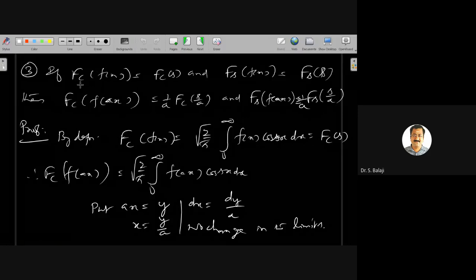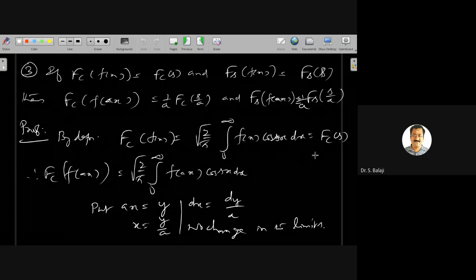Now consider the Fourier cosine transform definition. By definition, the Fourier cosine transform of f of x equals root of 2 by pi integral 0 to infinity f of x cos sx dx, which is equal to Fc of s.